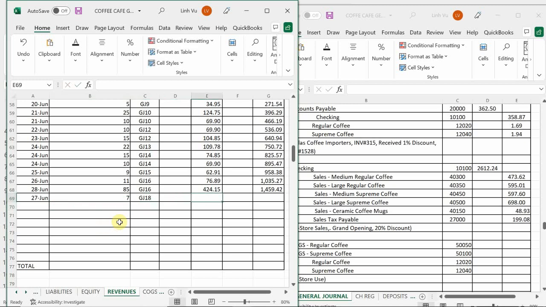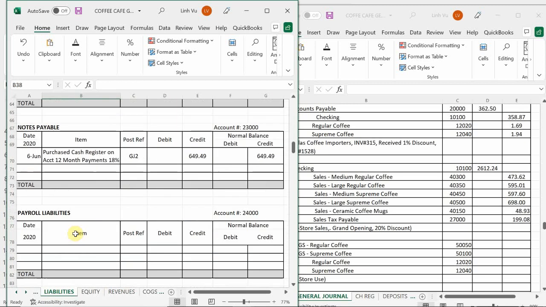And that gave me a total of $48.93. Okay. And of course, that gave me an account balance of $1,508.35. Okay. Last but not least, I have to also collect my sales tax here.